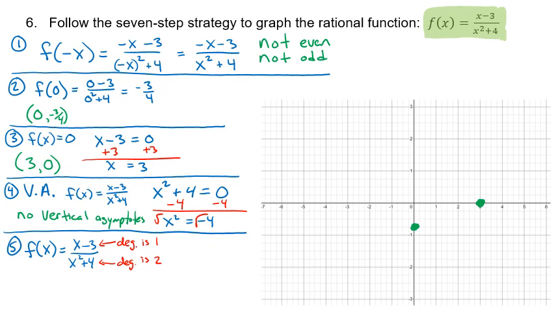X to the first power on top, x to the second power on the bottom. When the degree is higher on the bottom, the line y equals 0 is the horizontal asymptote. I'm going to say HA, horizontal asymptote.